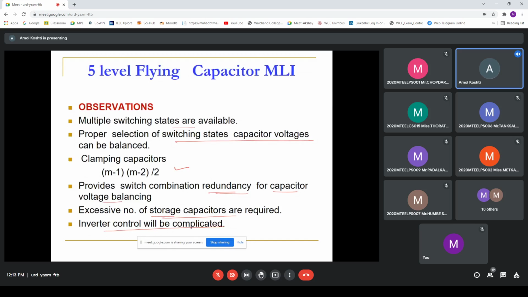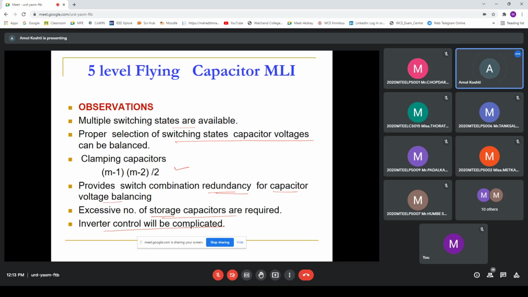There is a last type, which is the cascaded multi-level inverter. That point we will take next week. After this there is the application of multi-level inverter, and after this point this chapter will be finished. The last point is the comparison amongst these multi-level inverters.